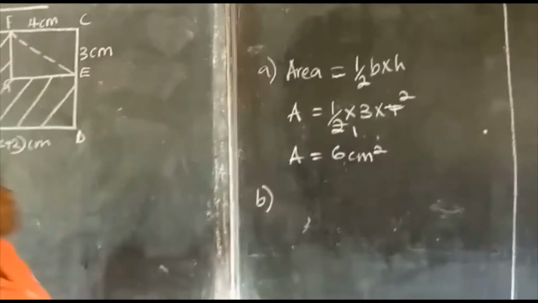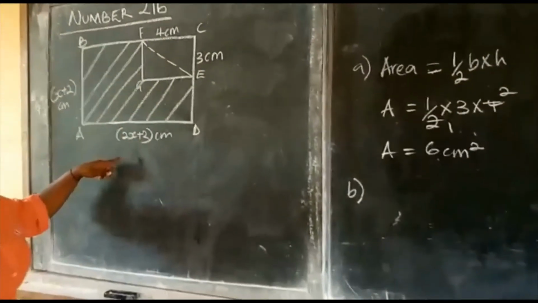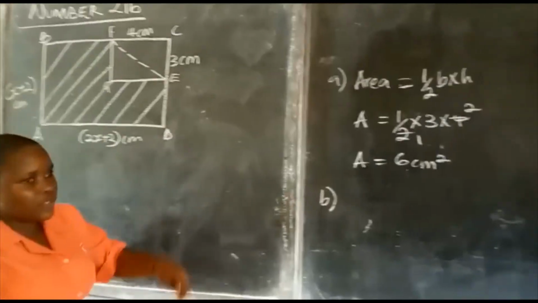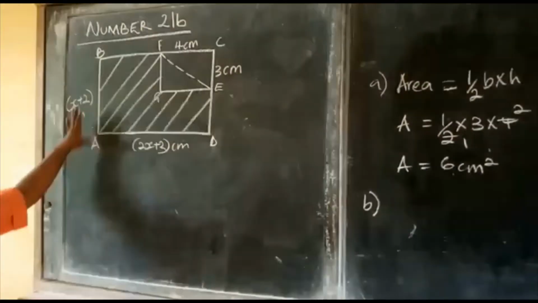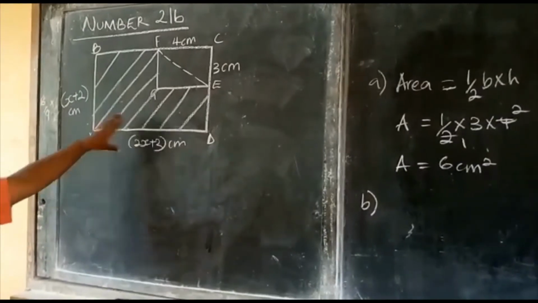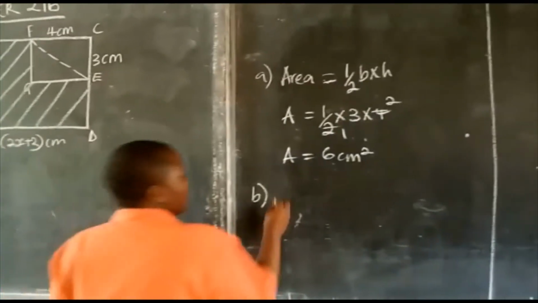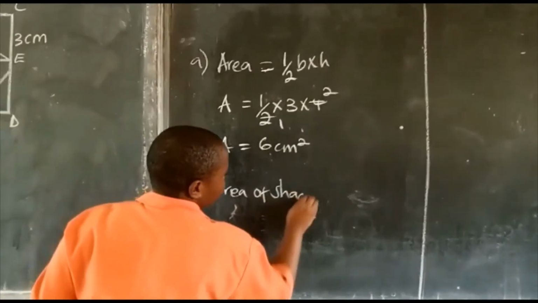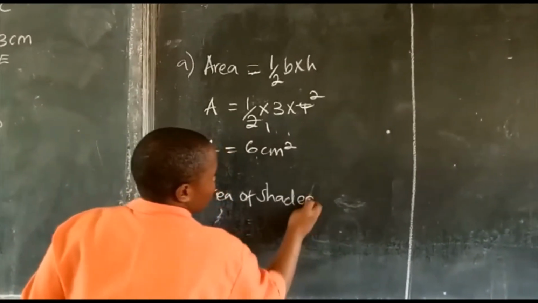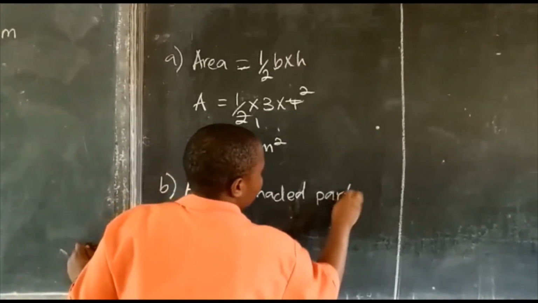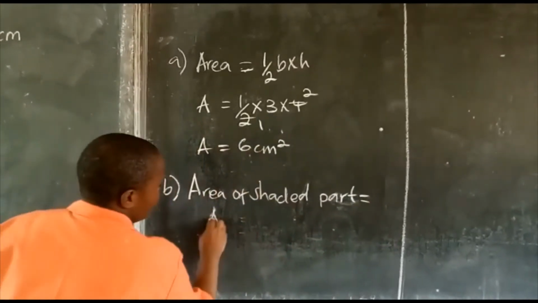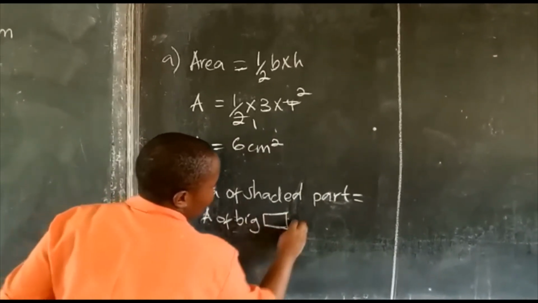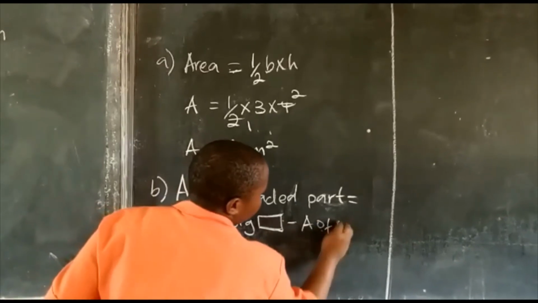Then, on part B, they tell us to express the area of the shaded part in terms of x. To get the area of the shaded part, we shall say area of the big rectangle minus the area of the small rectangle. So we shall say area of shaded part will be area of big rectangle minus the area of the small one.